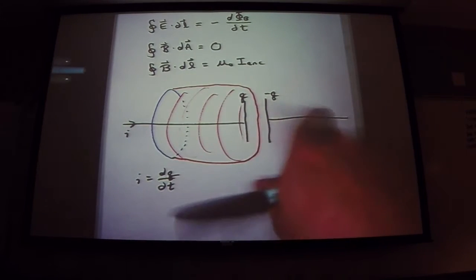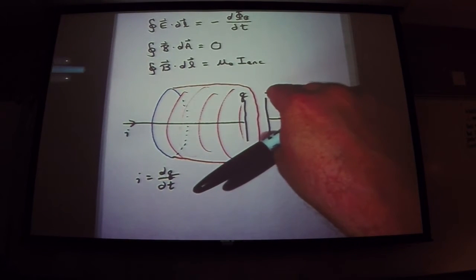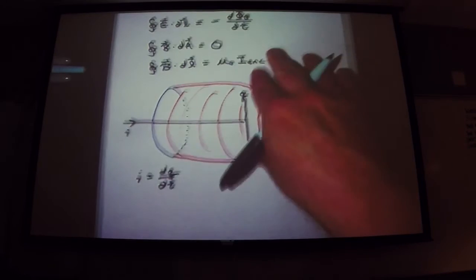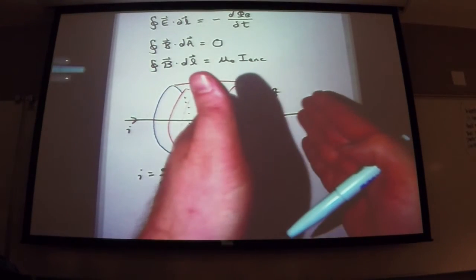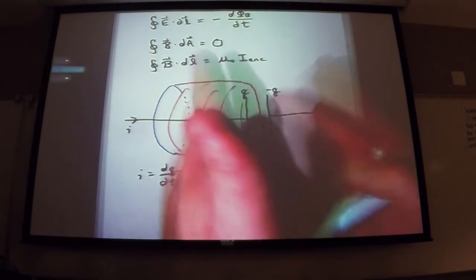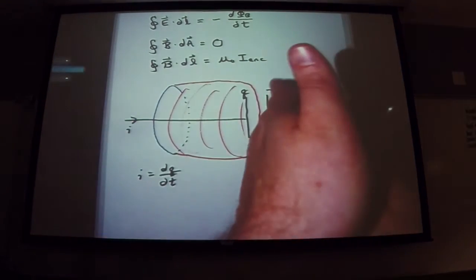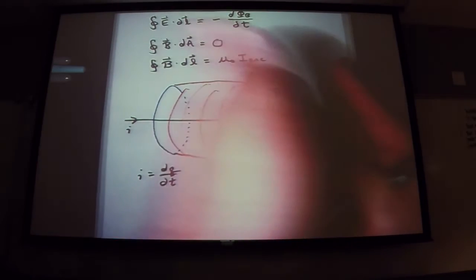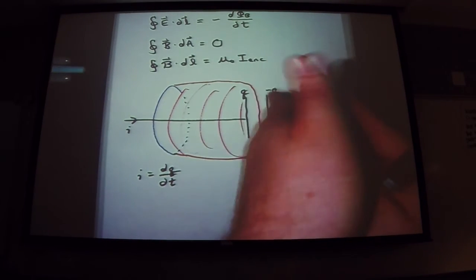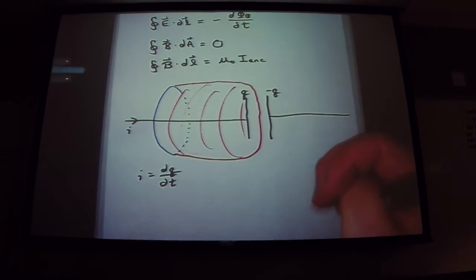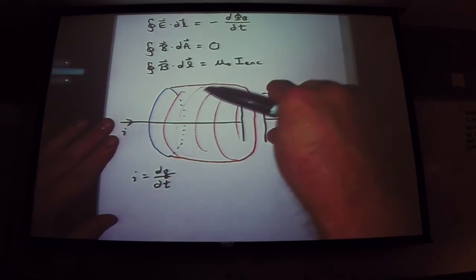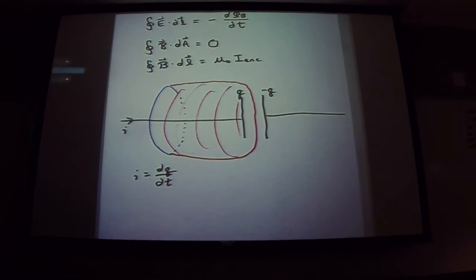Now because that charge is changing, I have a changing electric field inside of the capacitor, which means I have a changing electric flux through the capacitor. And it's that changing electric flux that we look at when we talk about the displacement current. So it's this changing electric flux through that loop.